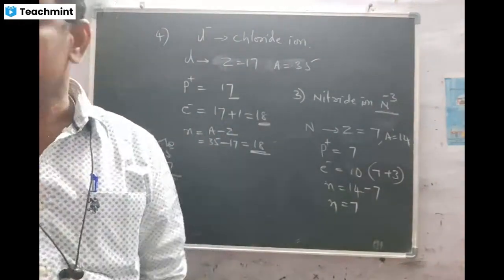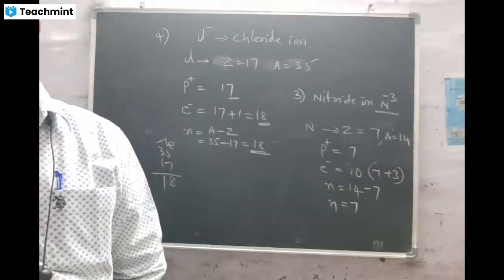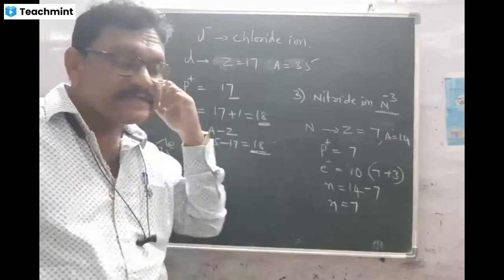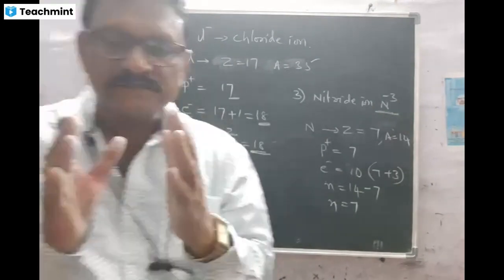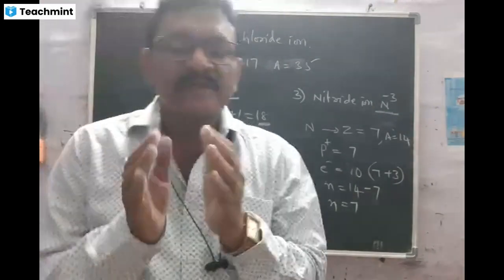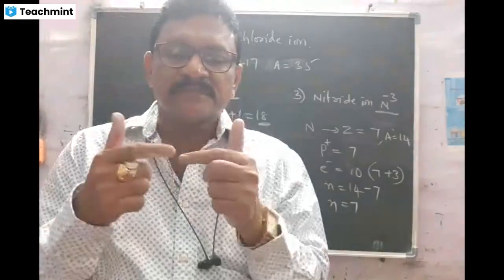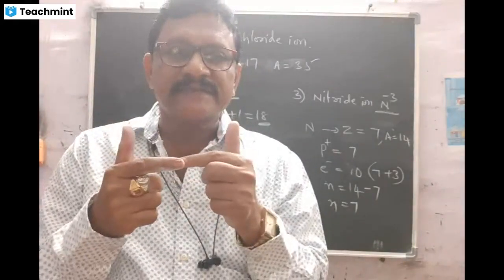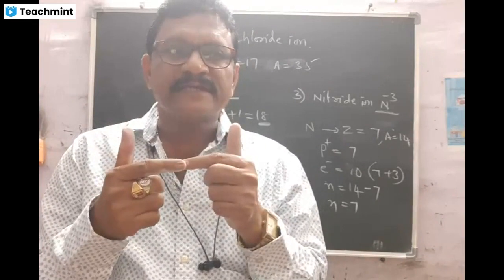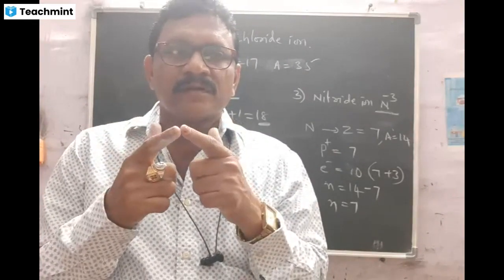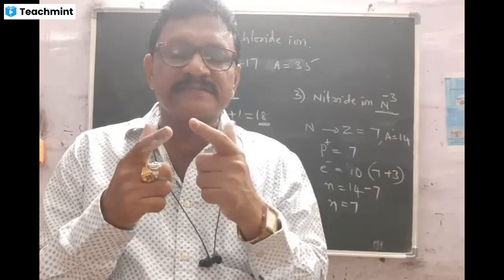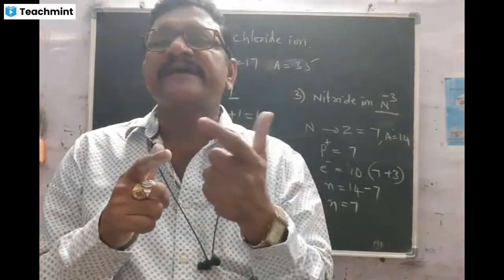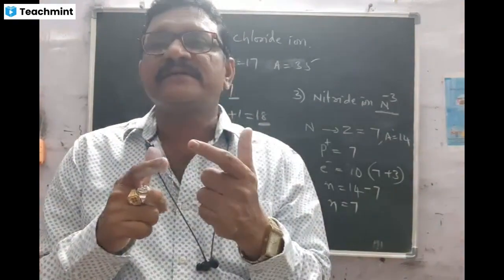Okay, Lucky. Okay, with this we completed. Today what we discussed, listen, I repeat one more time. Today I explained ion, the difference between atom and ion, and what is electropositive character and what is electronegative character.